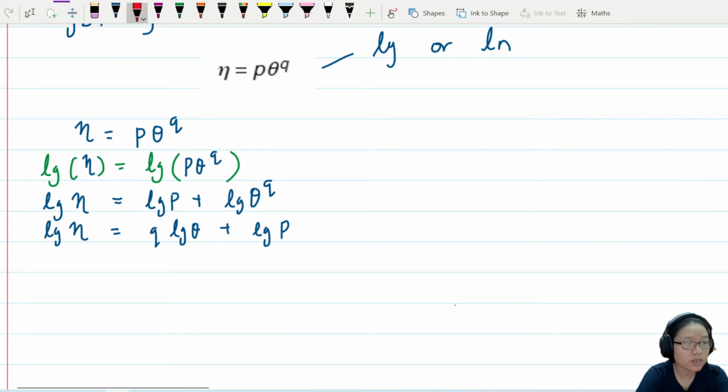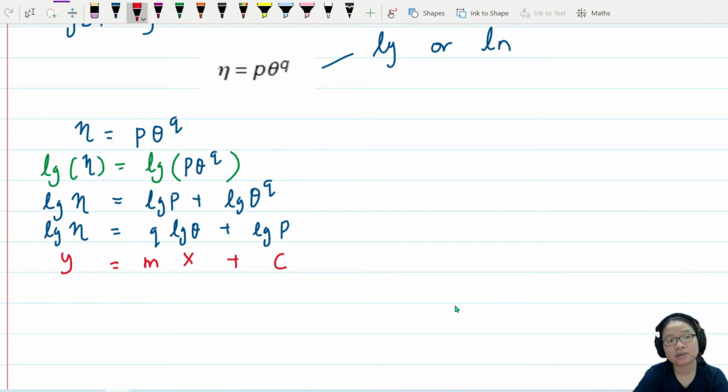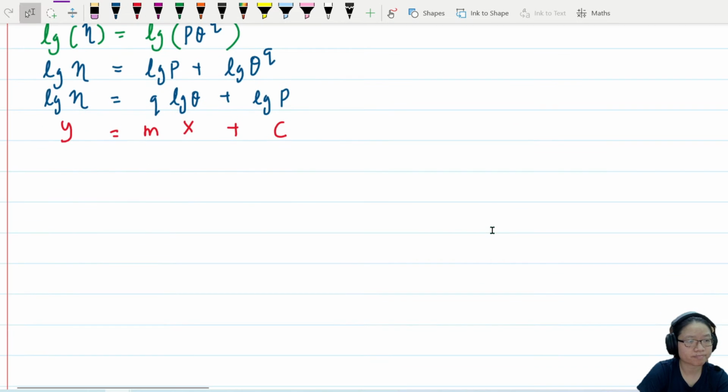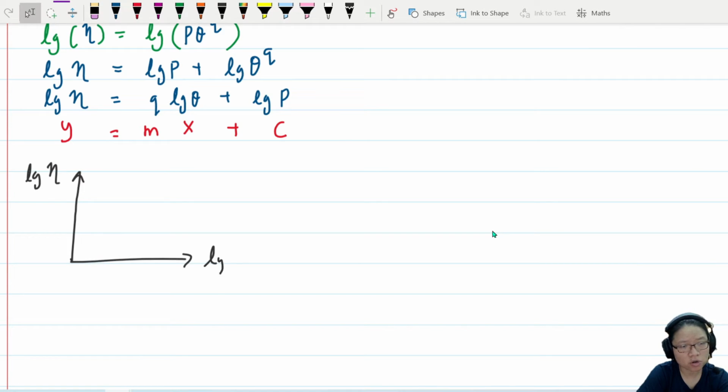So if I compare with the general equation, y is equal to mx plus c. Now I am plotting a graph of, okay, think about your axis. I will draw here for you. Y-axis is log nu. X-axis is your log theta.